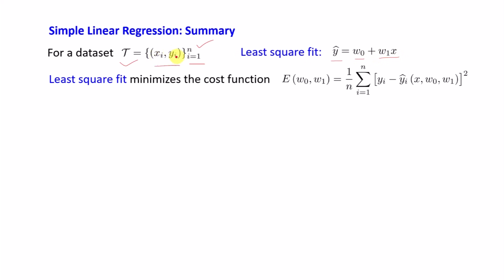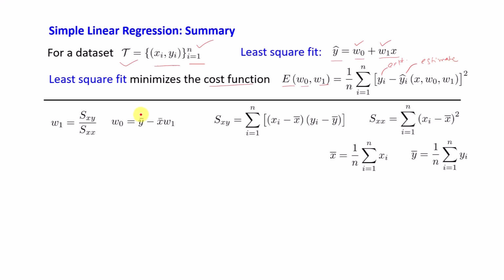In this dataset, every data point is an ordered pair, so x1 is connected to y1, x2 is connected to y2, etc. To get w0 and w1, the regression coefficients, we minimize the cost function E, which is a function of w0 and w1, given by 1 by n times the summation of yi minus y hat i whole square. Yi is coming from experiments and y hat i is our estimate from the regression model.